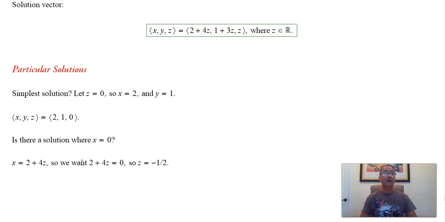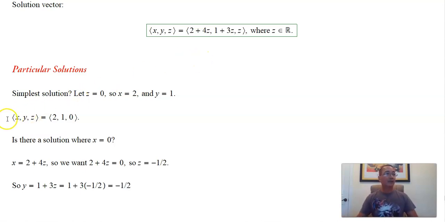And now that we have that, we also want y. So y will be 1 plus 3z, and that will be 1 plus 3 times negative 1/2. Negative 3/2 plus 1, I believe that becomes negative 1/2.